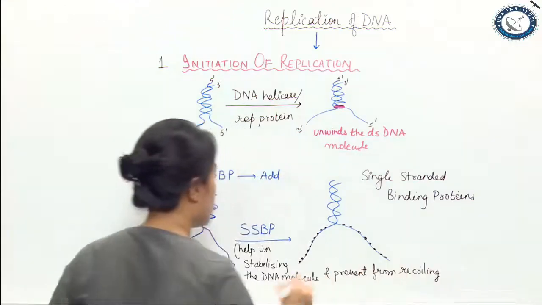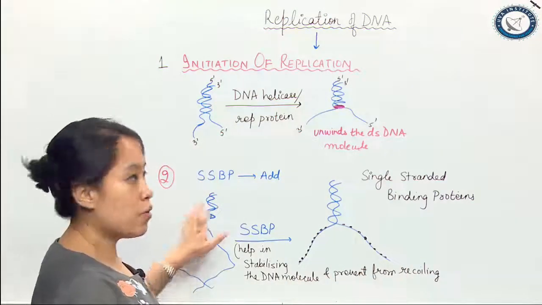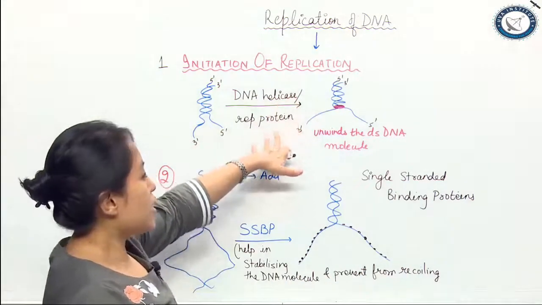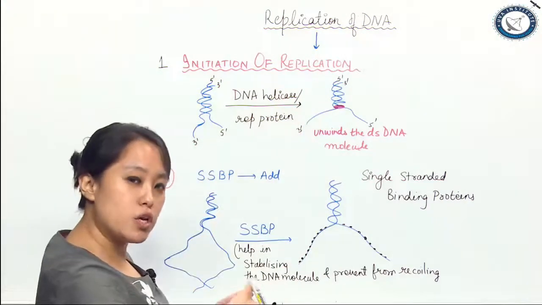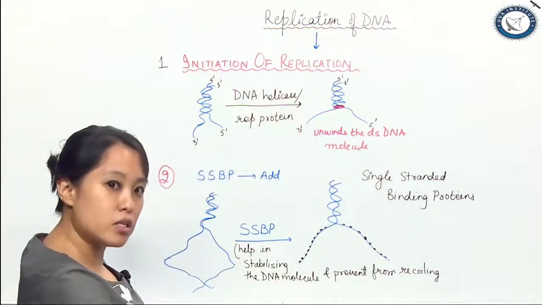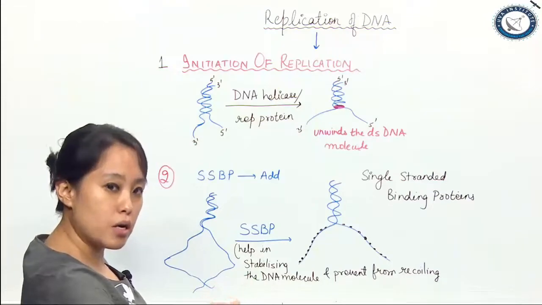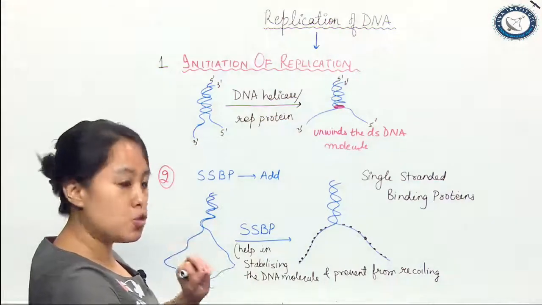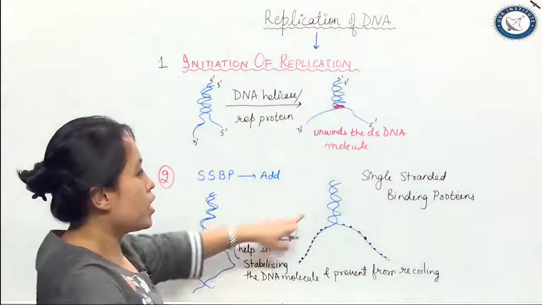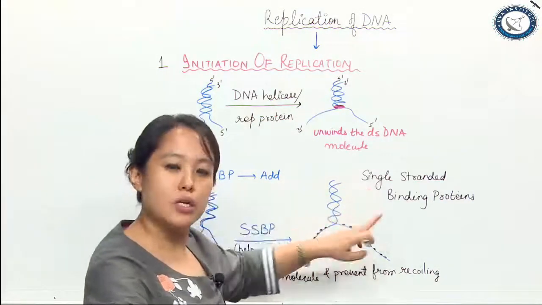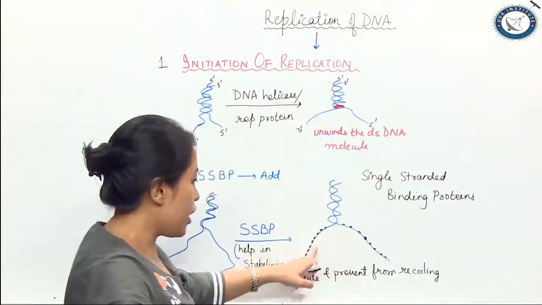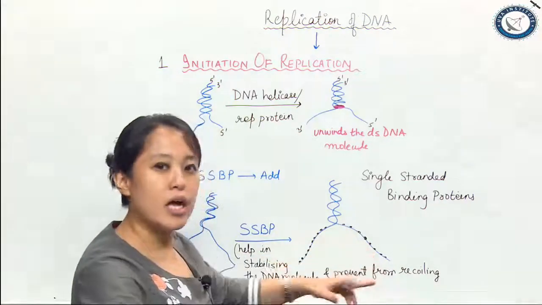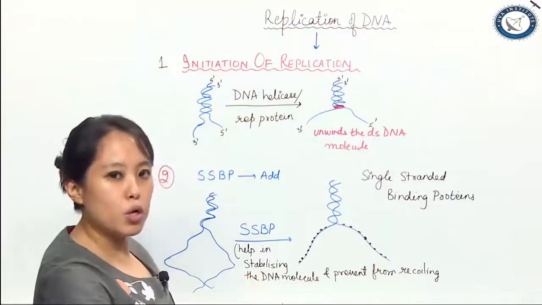Agreed, guys? So this is your DNA molecule. Of course, with the help of helicase enzyme, you opened it up. But once you are opening, at the end, the tail region, they might start coiling up. So in order not to let that happen, you need to add SSBP, single-stranded binding proteins. These proteins will stabilize these strands, and then recoiling will not happen.